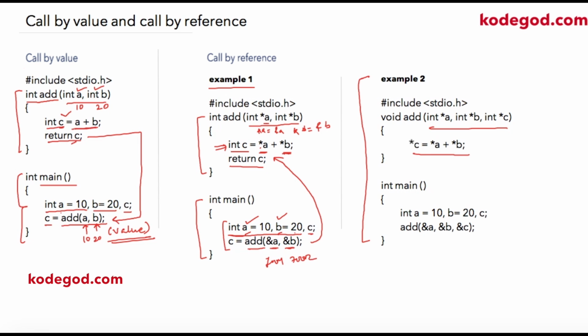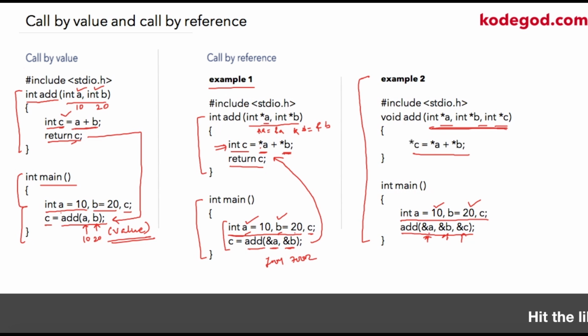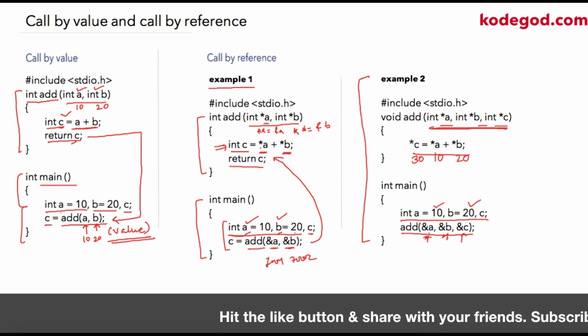So what is happening here? Inside main, I am declaring 3 variables a, b, c, and a I am initializing to 10 and b to 20, and then I am directly calling my function add and passing the address locations of a, b and c. When the function is called, these 3 integer pointers will start pointing to these locations. The addition will be stored at the address location of the variable c.